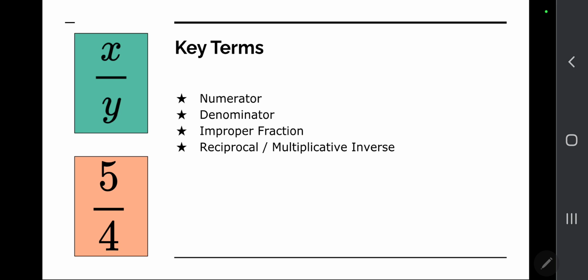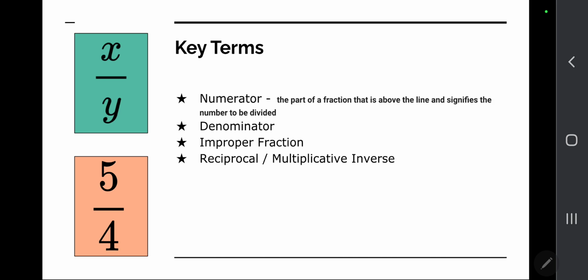And I have two examples on the left-hand side to show the parts of a fraction and how we can describe these fractions. So a first one is the numerator. The numerator is the part of a fraction that is above the line and signifies the number that's being divided.